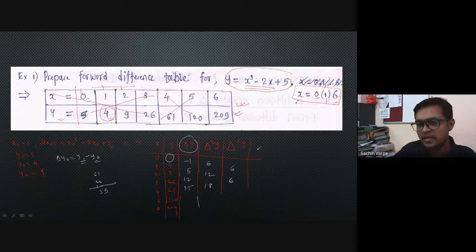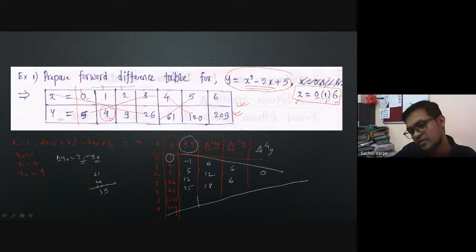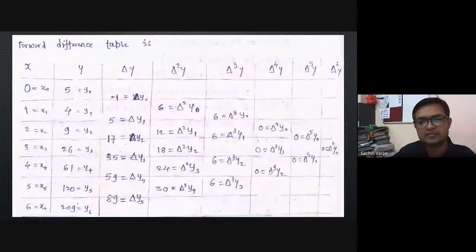And again, delta raised to 4 of y, subtraction of these will be 0. Okay. So it is not necessarily 0, but we are getting it here. So we will get a triangular shape like this. It will be a forward difference table. You can see here. This is the forward difference table I have prepared here.